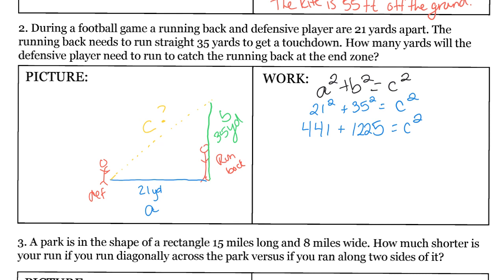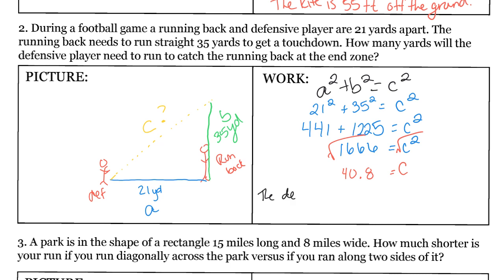Now we have to add those up. So what is 441 plus 1,225? That is 1,666. Okay, now we need to take the square root, and C equals, make sure you round to the 10th, so we get 40.8. So let's write our sentence.